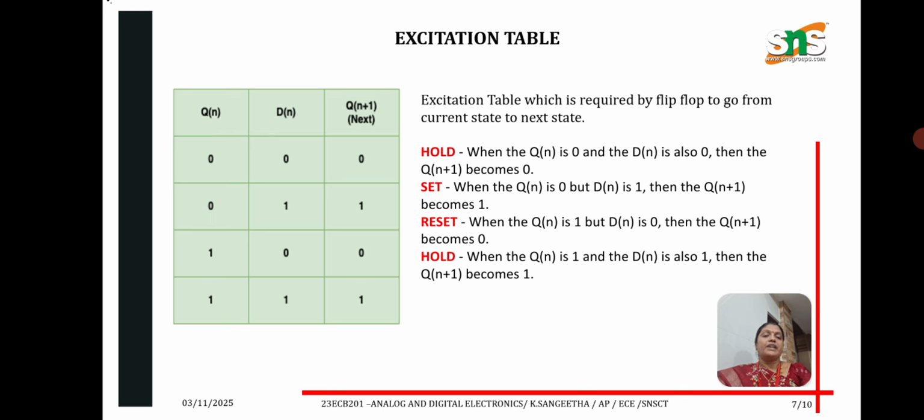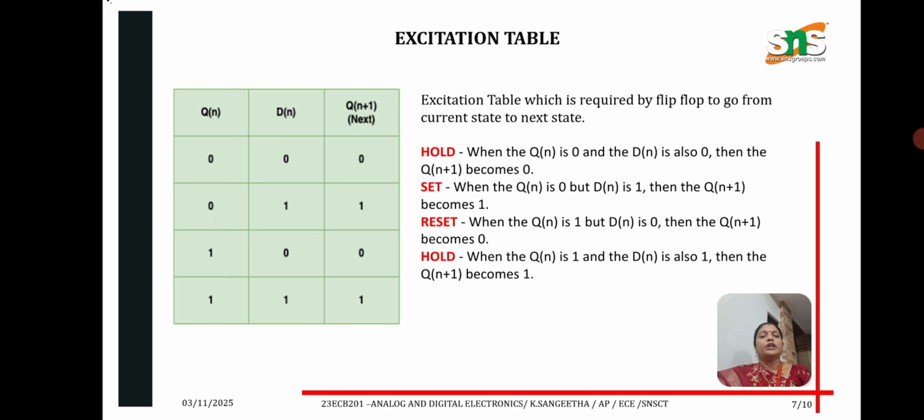So there are three states: hold state, set state and reset state. When Q of n is equal to 0 and D of n is also 0, then Q of n becomes 0. It is called the hold state. When Q of n is equal to 0 and D of n is equal to 1, the next state will be 1. It is called the set state, that is, set means 1.